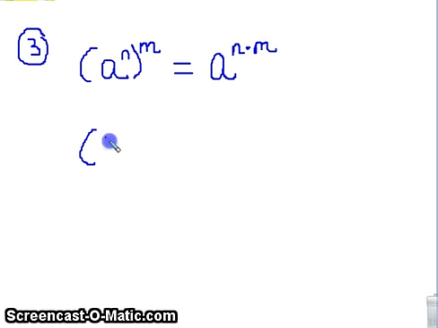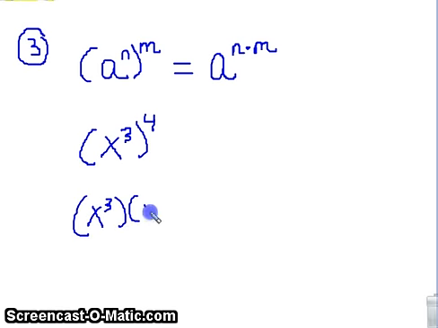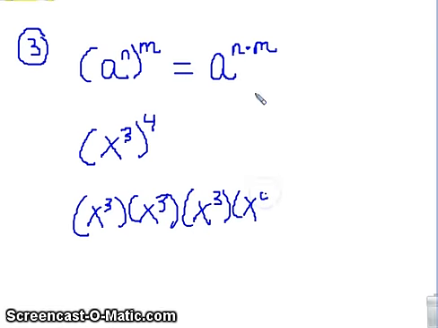So what this means is that I have x to the 3rd and I raise it to the 4th power. That means I have x to the 3rd once, twice, 3, and 4 times. So I have 4 x to the 3rd.